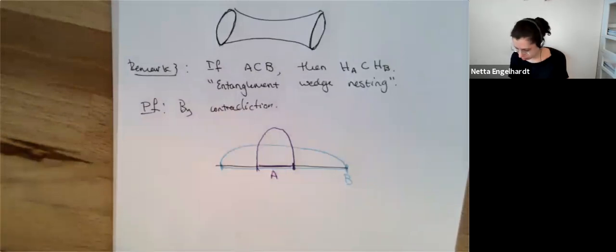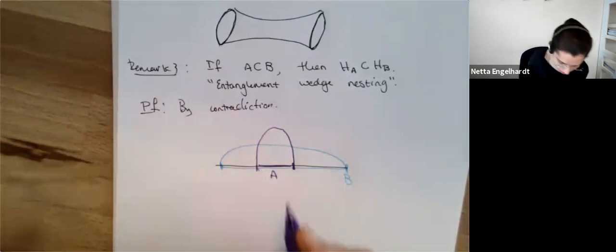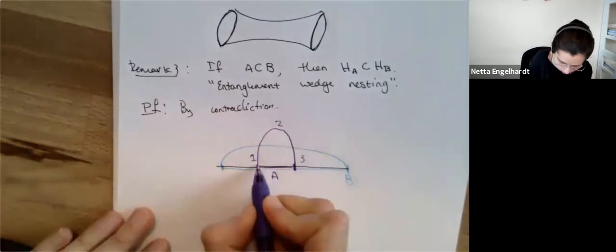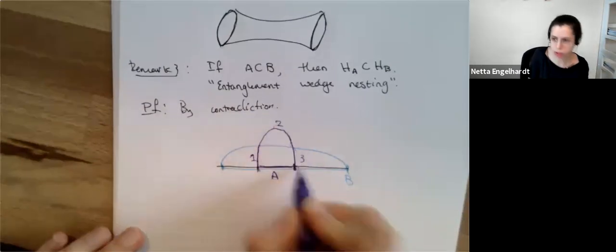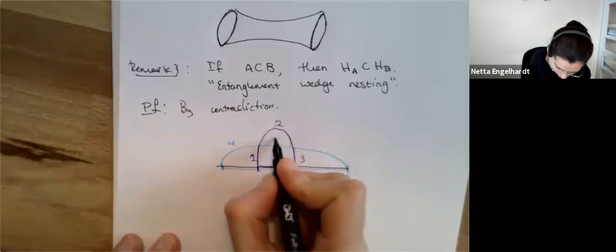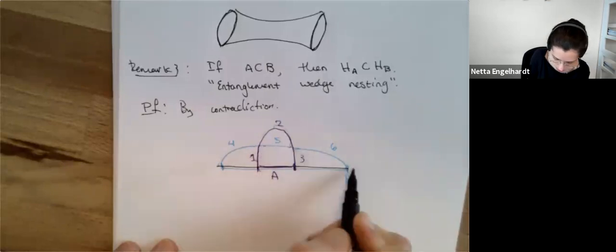And I'm going to label the different portions of the surfaces. So I'm going to call this 1, this 2, this 3. 1 refers to this up to here, 2 refers to this portion, and 3 refers to this portion. And this is 4, 5, and 6. So 4 is this portion, 5 is this portion, 6 is this portion.